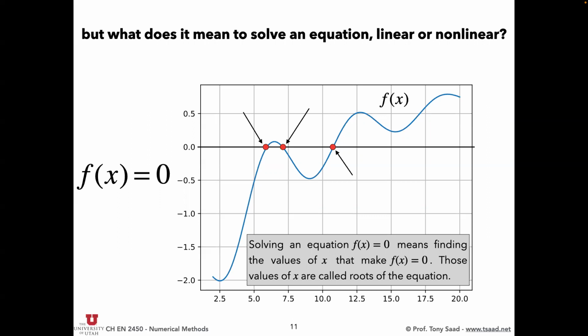So solving an equation f of x equals 0 means finding the values of x that make f of x equal 0. Those values of x are called the roots of the equation.